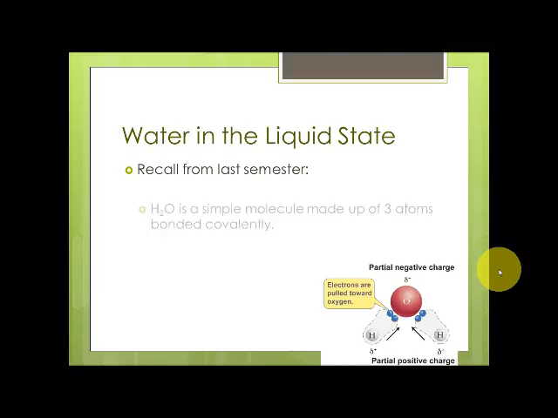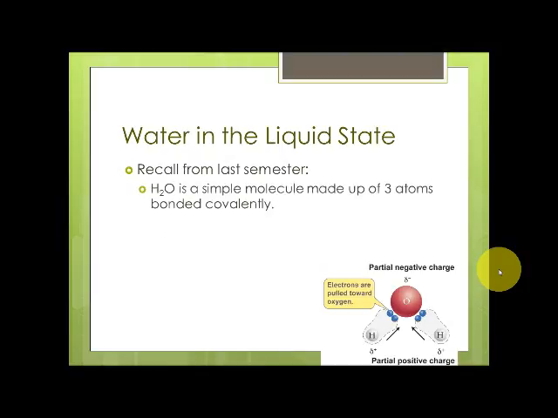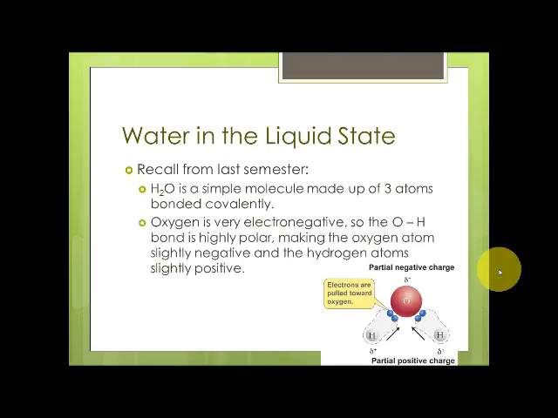Okay, so remember from last semester when we did our Lewis structures that H2O, water, is a very simple molecule that has 3 atoms that are all bonded covalently. So they're sharing electrons.